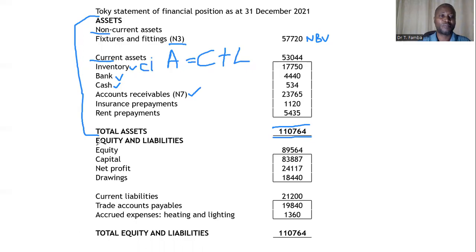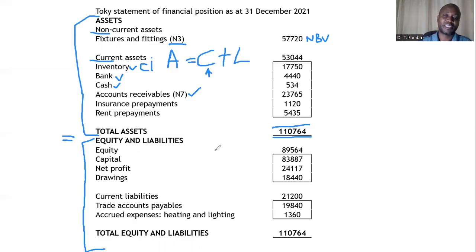Now, we then come to equity and liabilities. So you will see that this one is capital plus liabilities. Now, capital plus liabilities is this side here. So this side should be equal to the side above.